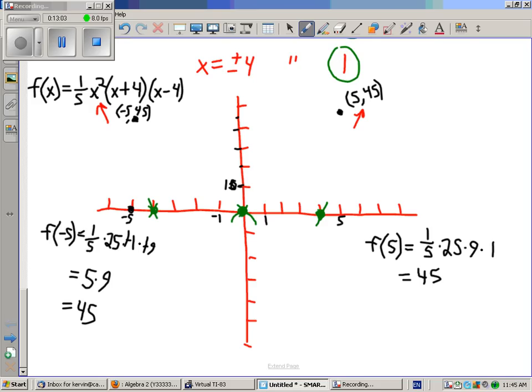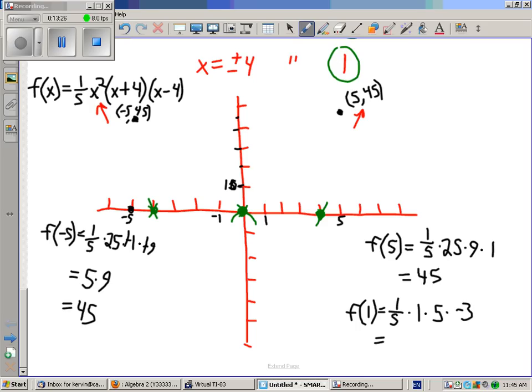All right, nice convenient test point for between 0 and 4. I will use f of 1. That's going to be 1/5 times 1 squared, which is 1, times 1 plus 4, which is 5, times 1 minus 4, which is negative 3.